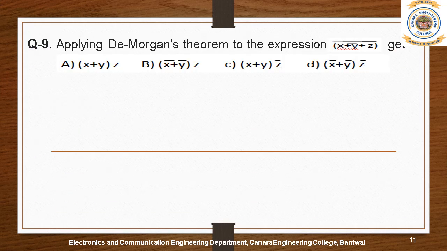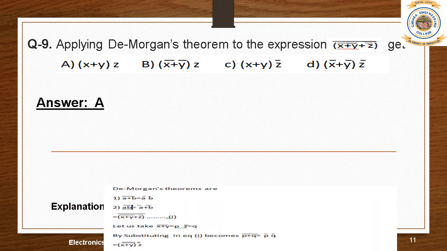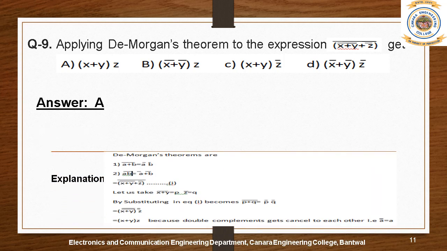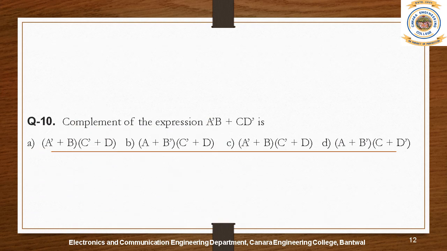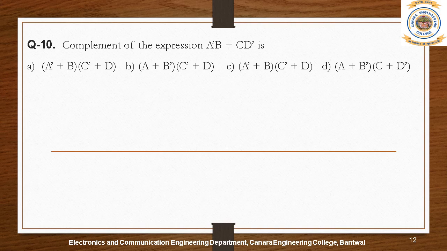Apply De Morgan's theorem and simplify the following. So De Morgan's theorem you have heard of. You have to simplify that. Here I had given a procedure to simplify. The complement of the expression A bar B C D bar is, answer is B. A plus B bar.